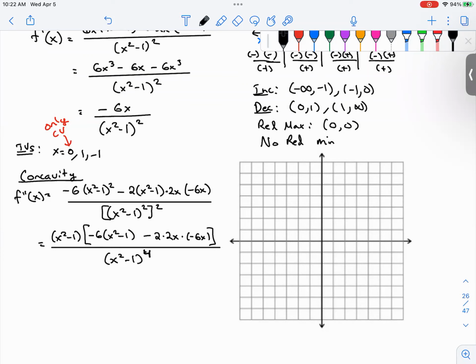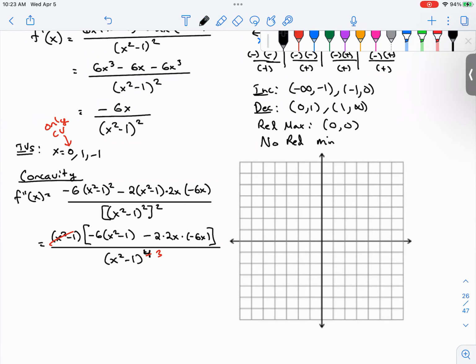And remember, it's not to the 4th because of 2 plus 2, it is 2 times 2, which I know is the same thing, but it's important to remind yourselves that power raised to a power, you multiply the powers. If that had been x squared minus 1 squared to the 3rd power, it would have become x squared minus 1 to the 6th. Just so we're clear. And so we cancel one of those factors.